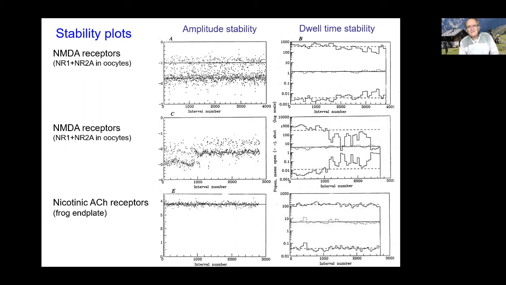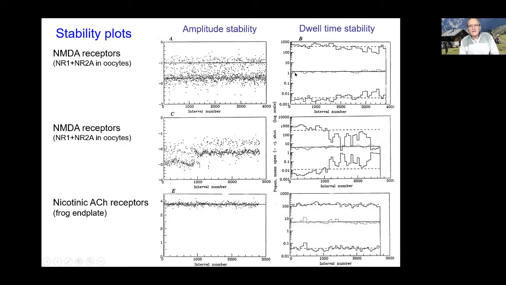These are running averages of 50 open times, which is why they're sort of jagged. You can set what the running average should be taken over.